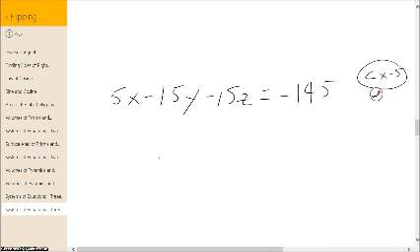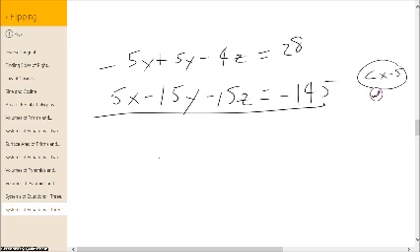I wanted to get this so I can knock out equation A, which is negative 5x plus 5y minus 4z equals 28. Combine these guys once again. The x is gone. I've got negative 10y minus 19z equals 117.